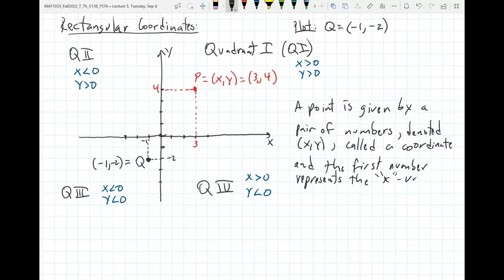I'm putting x in quotation marks because it doesn't have to be x. Typically we use x and y, but it could be t over here and then v over there. Let's say that you're talking about the movement of a particle, and you are interested in the velocity of this particle over time. Then here you have t for time, and over there you have v for velocity. So the name of the variable doesn't really matter too much. So this is called a coordinate, and the first number represents the x value, and the second represents the y value.